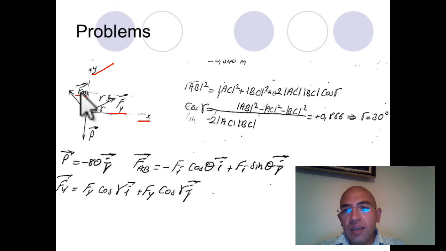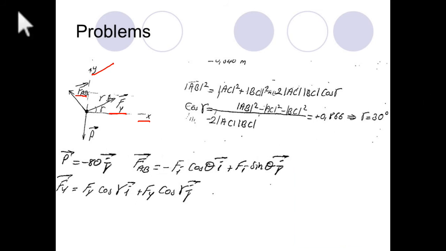And it is the same for the FAB. Certainly the spring force makes an angle of gamma. I call this angle gamma. Now let's first find the angle gamma. I can easily do that because there exists a similarity between my triangles.